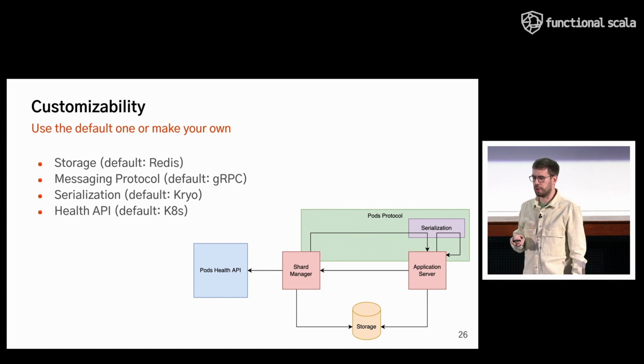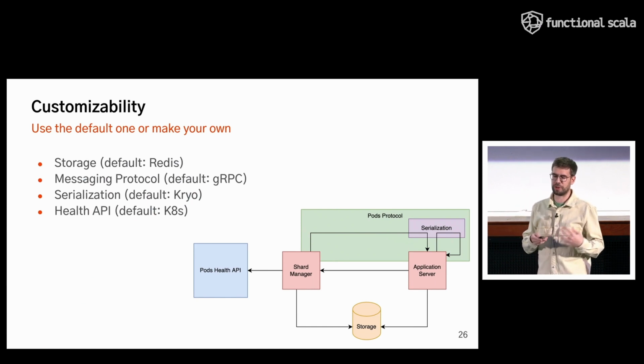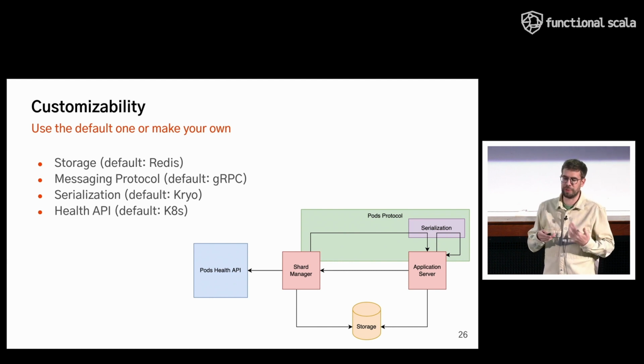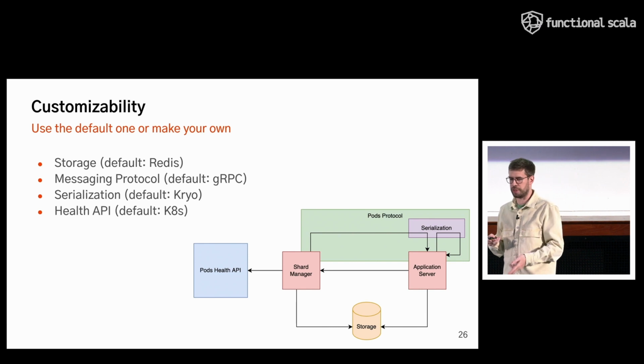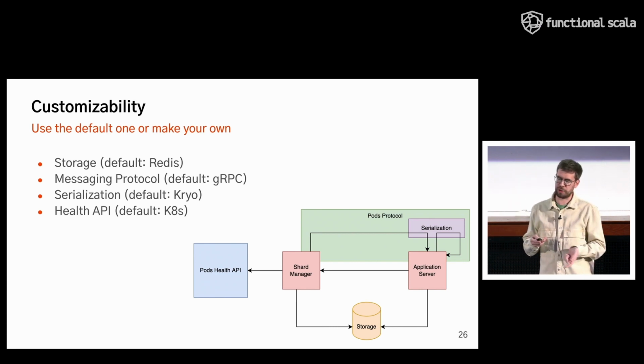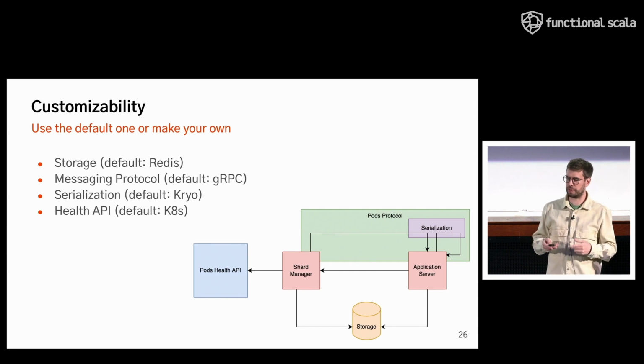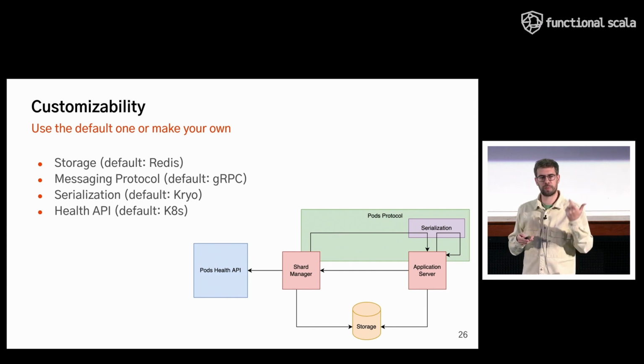All right. One thing we did when we extracted all that code from our code base is that initially we made some technical choices. So we were using Redis for storage, gRPC for the messaging between entities, Kryo for serialization, and Kubernetes for the health check. All of these have been extracted into simple traits, so you can provide any implementation that you want.